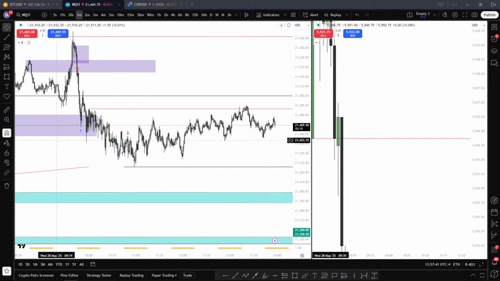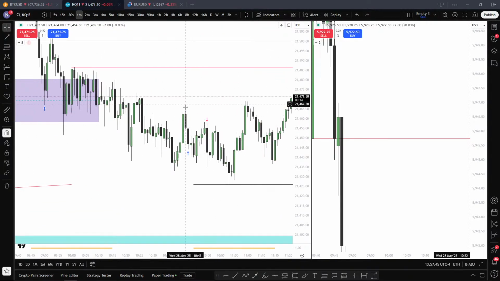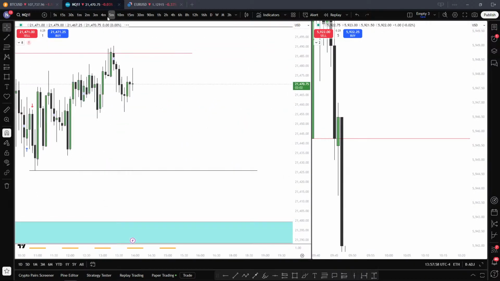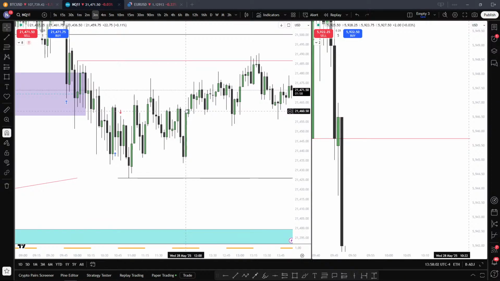For the rest of the day, I was expecting choppiness. When I entered this trade, I said multiple times I would never ever take this trade on a live account. The only reason I executed this trade was because we were on paper. What was the 5 minute? No, I think it was the 3 minute.